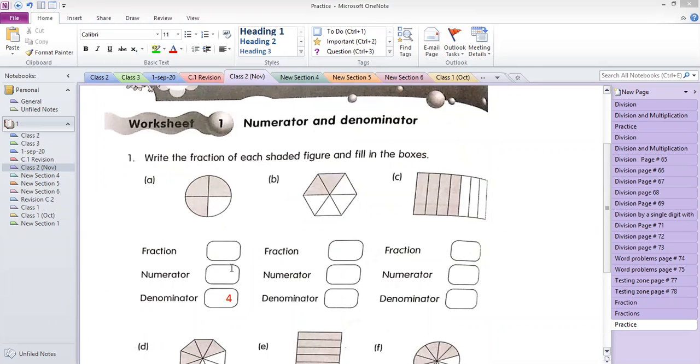I'm going to open the chat. You have to answer me in the chat so that I can know who is answering and who is not answering.